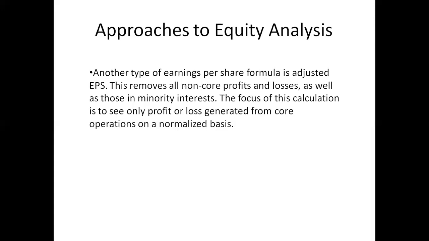Capital profits are profits you make on the sale of depreciated assets such as plant and equipment. If they are valued at 10,000 and you sell them at 15,000, you are making a capital profit. These are not included. Only the amount obtained from core operations on a normalized basis is taken into account.